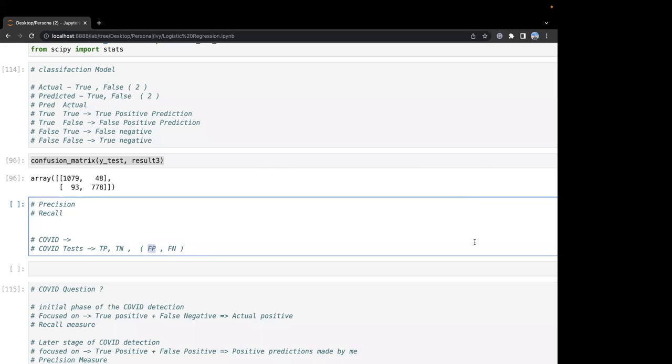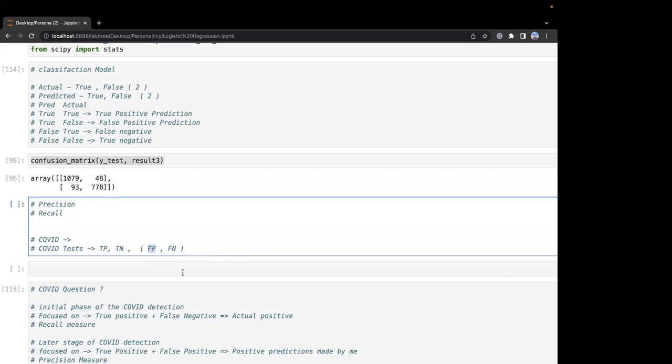Originally, when COVID happened, there was a shortage of beds in hospitals. False positive means I predicted positive COVID, but the person did not have COVID. So in the scarcity of resources, I would want false positives to be less.